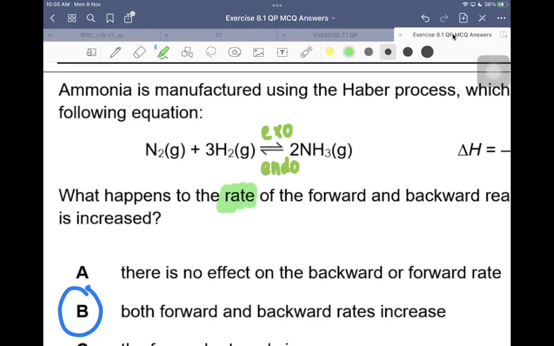So that means regardless of endothermic or exothermic reaction, increasing the temperature will increase the rate of reaction.